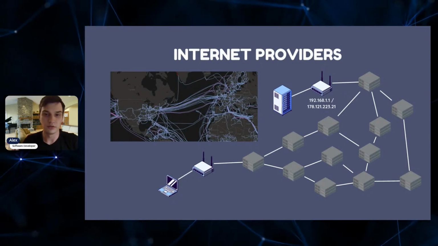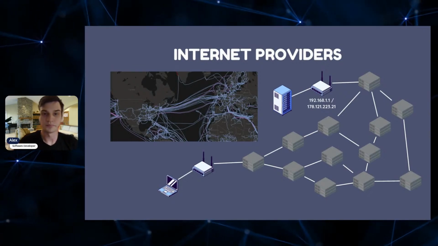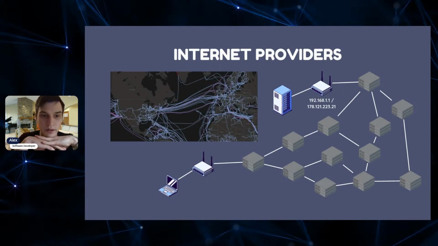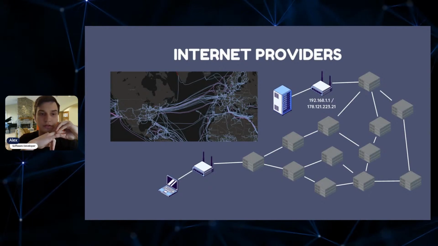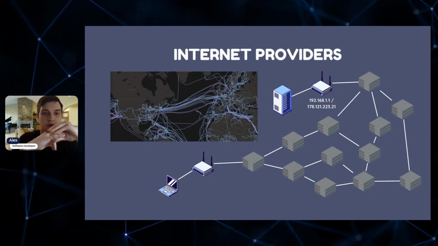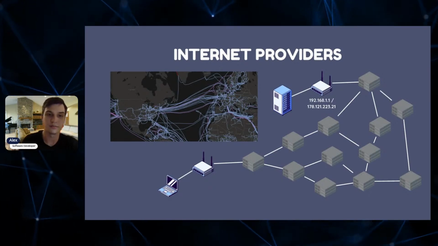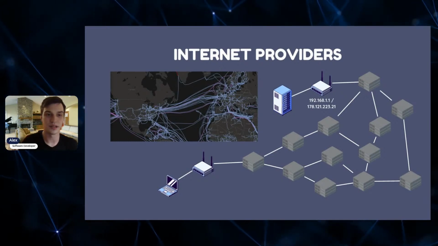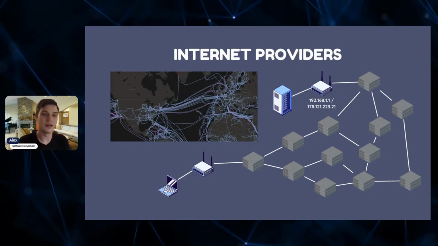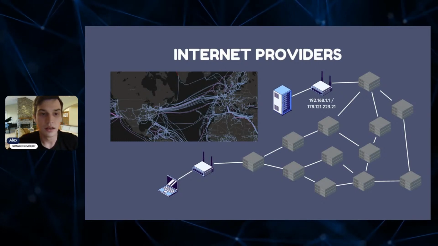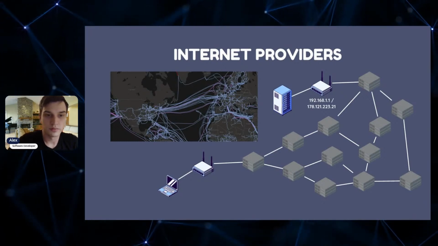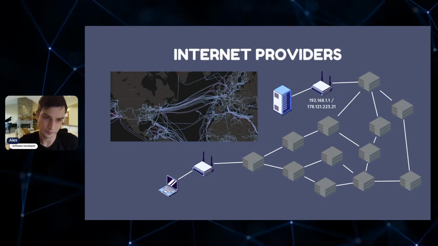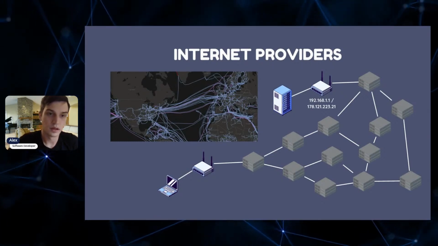So let's look at this picture. We have a laptop and we want to connect to a VPN server. Actually, a VPN server is only a server, as mentioned on this slide, a box with a CPU, a lot of memory, and some other functions. We send a message to the server.